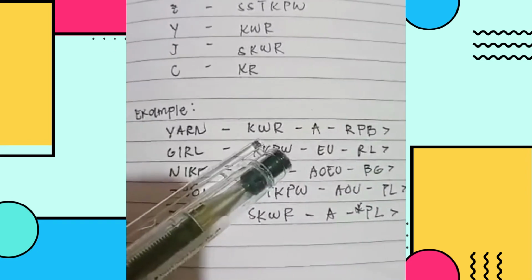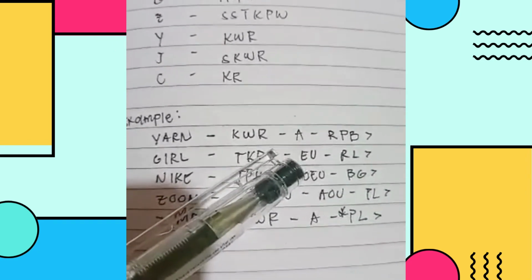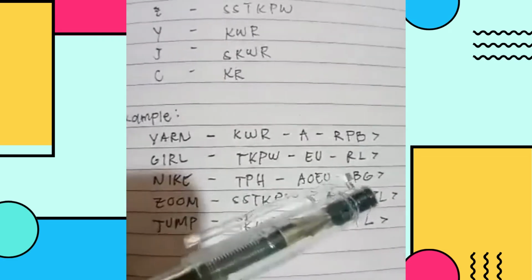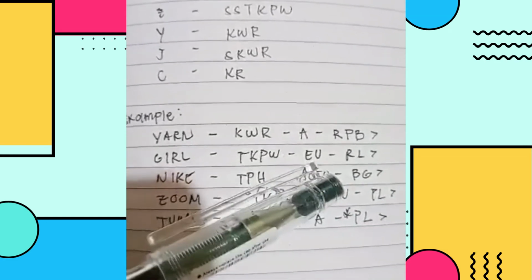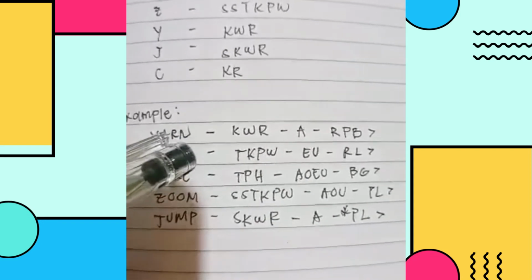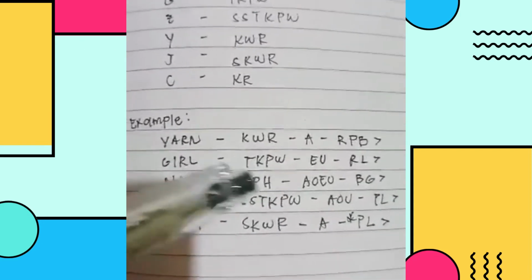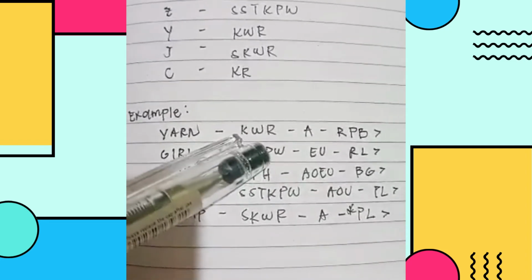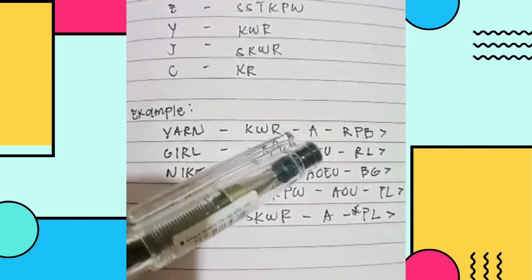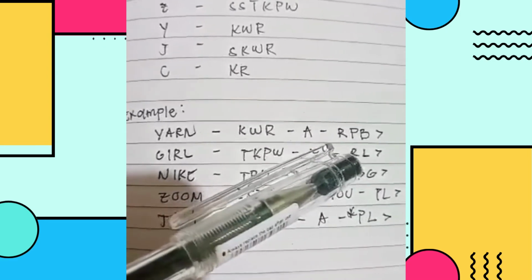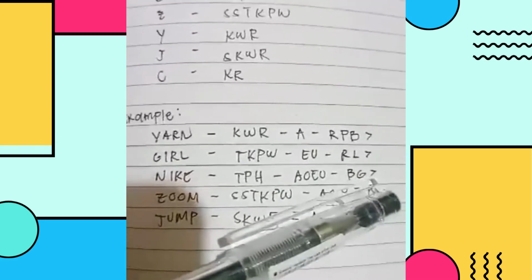Then the vowel is A. Then the ending sound is R and PB, because PB is the code of letter N. So this is how to read yarn. Initial letter KWR, vowel letter A, and ending letter RPB, then release.